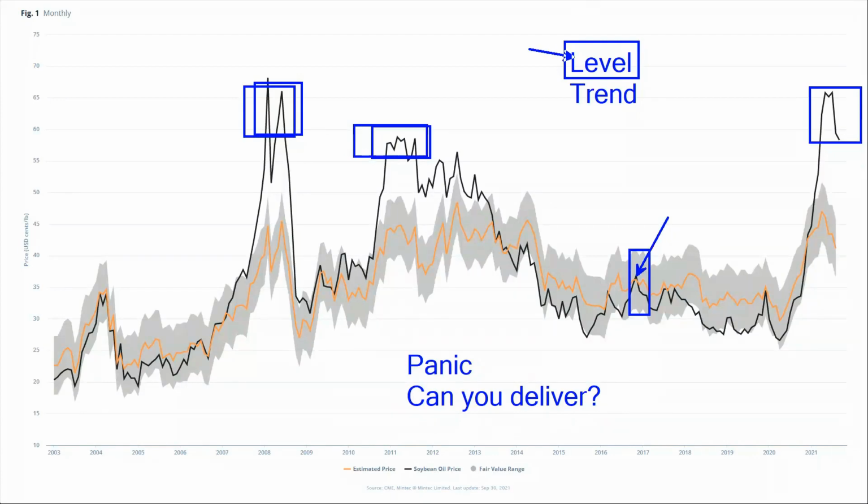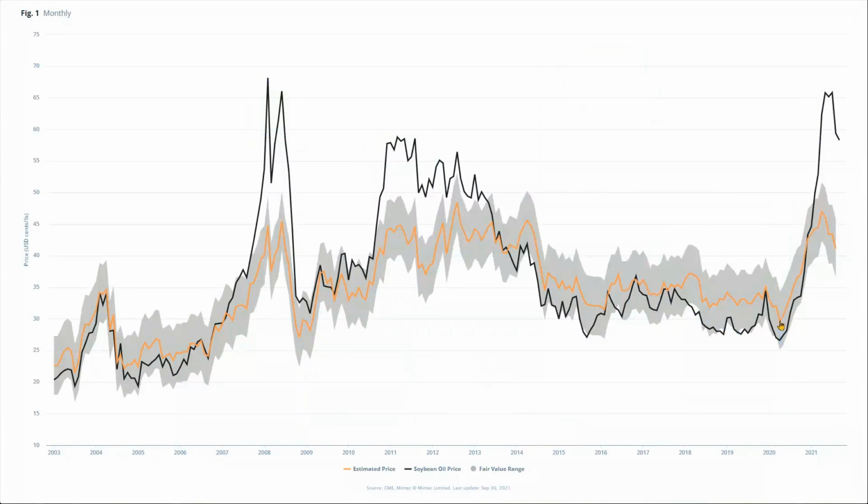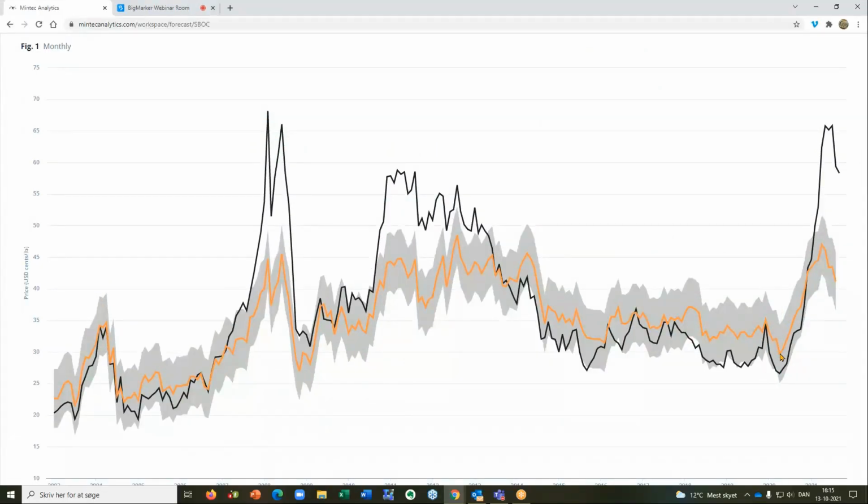So that's the level. But also the trend. We understand that this is sort of a weak sideways, slightly downward trend, but then we have a turnaround here. I'm particularly looking at the turnarounds like here and here. So this point here is summer last year.